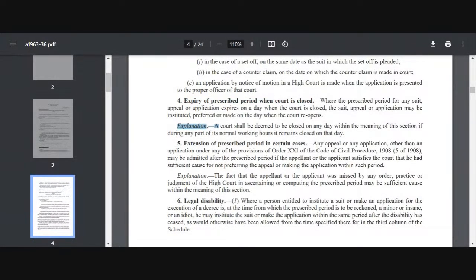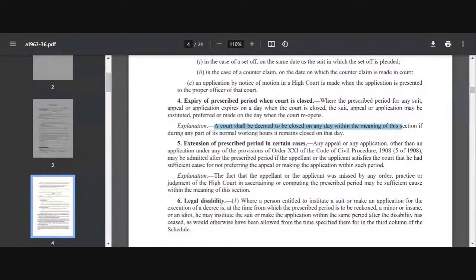A court shall be deemed to be closed on any day within the meaning of this section if during any part of its normal working hours it remains closed on that day. It is not that just because it is physically open we will assume the court was open. No, only when the court is in a working condition.